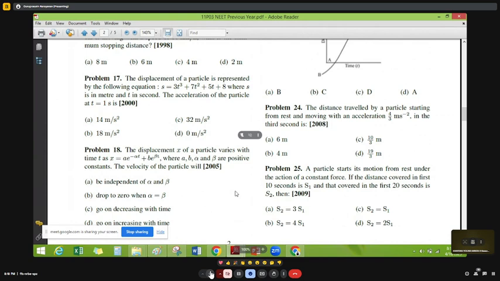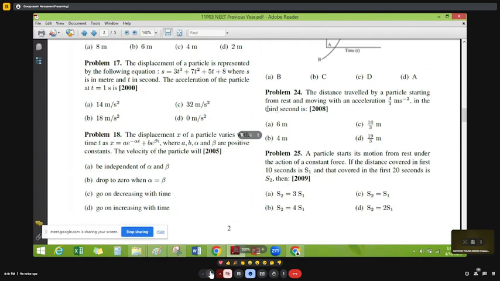Distance traveled in the third second. How will you find this distance traveled in the third second? Any concept you can tell me? At least let's see if you know the concept. Sir, S n formula. S n formula, correct. Other than that, how else can we find it? Displacement in 3 seconds minus displacement in 2 seconds. If you remember that formula, you can directly apply the formula.